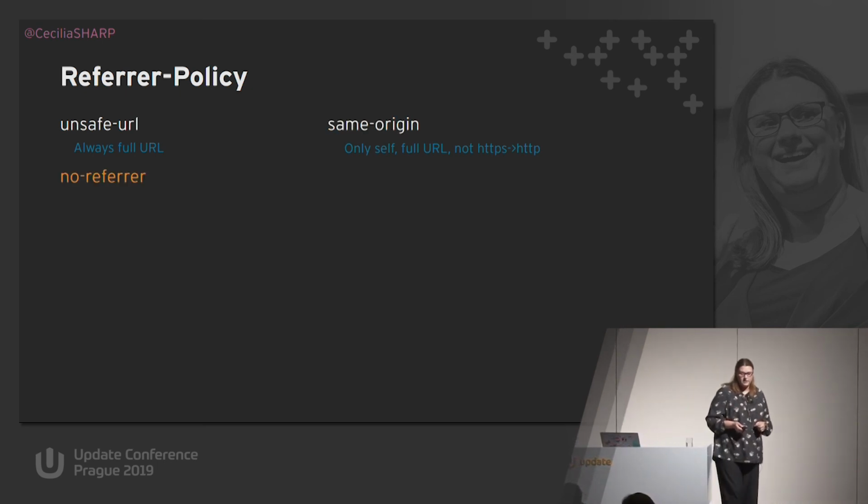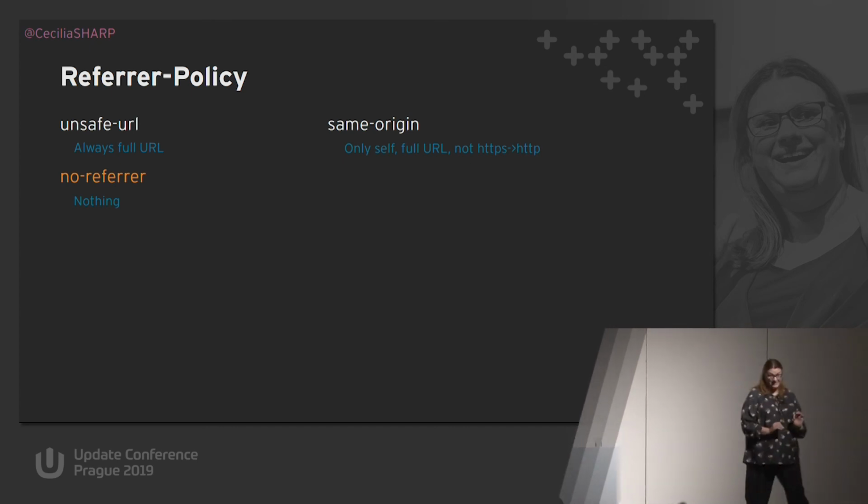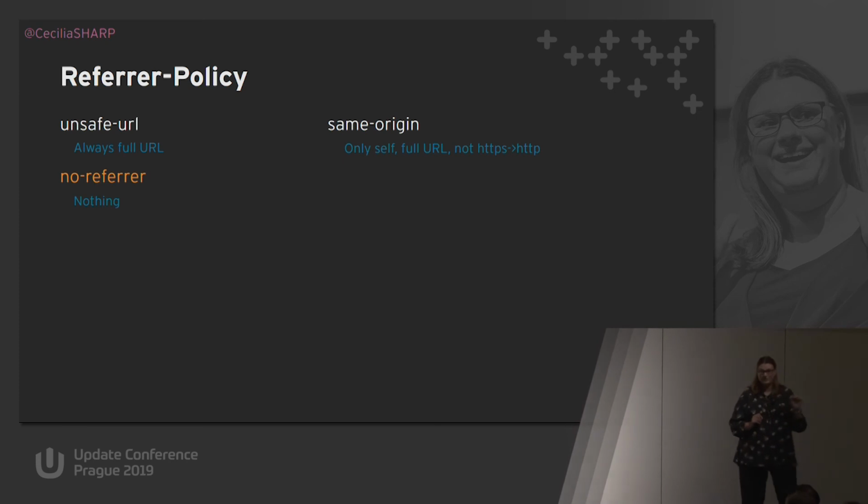And the next one is no-referrer. Basically, don't send anything. So don't send the URL at all. I hate this. I'm a site owner myself, and I like to look at my Google Analytics and see where all the traffic comes from. So for my blog, I can see if my traffic comes from a newsletter or a conference site, or from Google search.